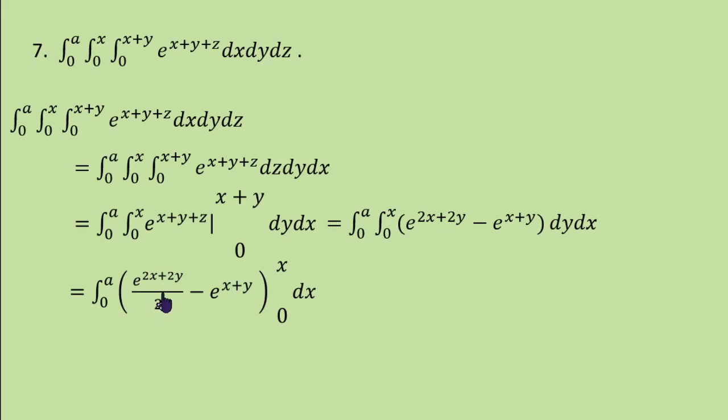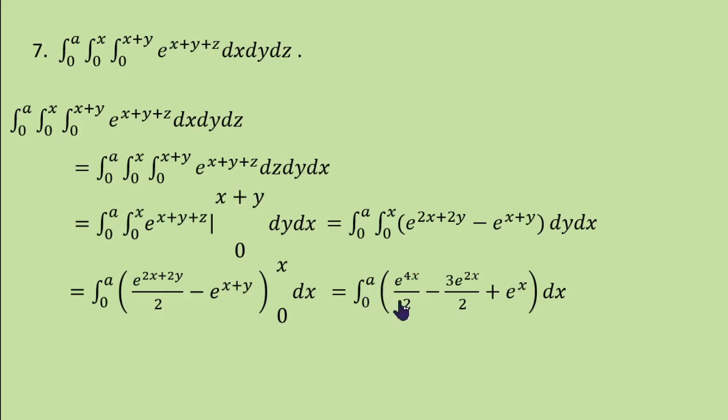In the previous case it is e power 4x by 2 minus e power 2x by 2 minus e power 2x, totally e power 2x by 2 minus e power 2x, that means minus 3 by 2 e power 2x, and lower limit of y here is 0, so minus e power x with the lower limit means plus e power x. Therefore it becomes e power 4x by 2 minus 3 e power 2x by 2 plus e power x.